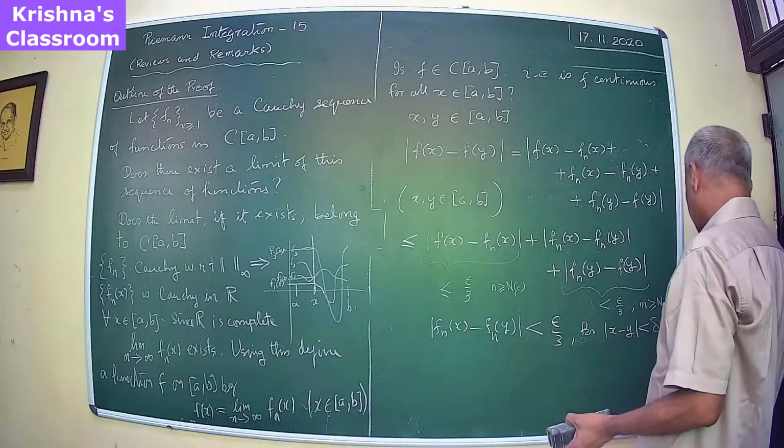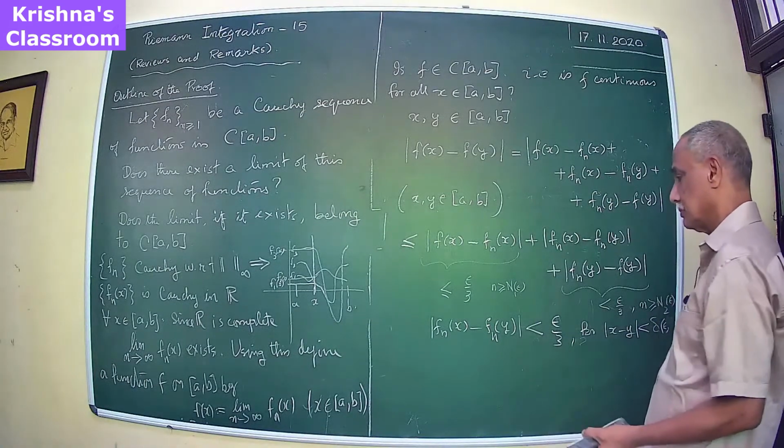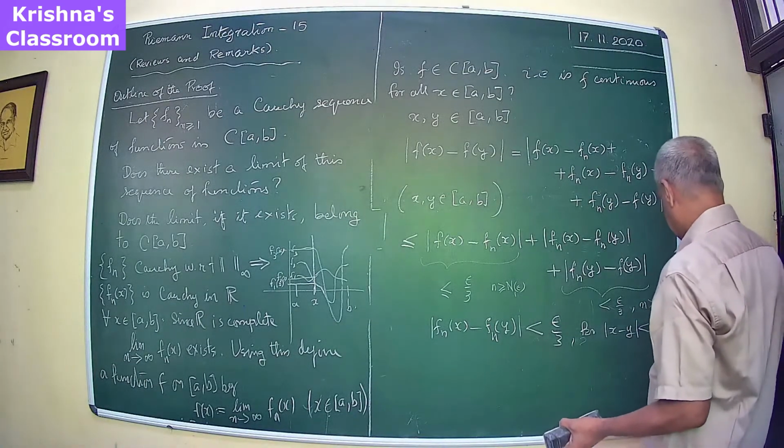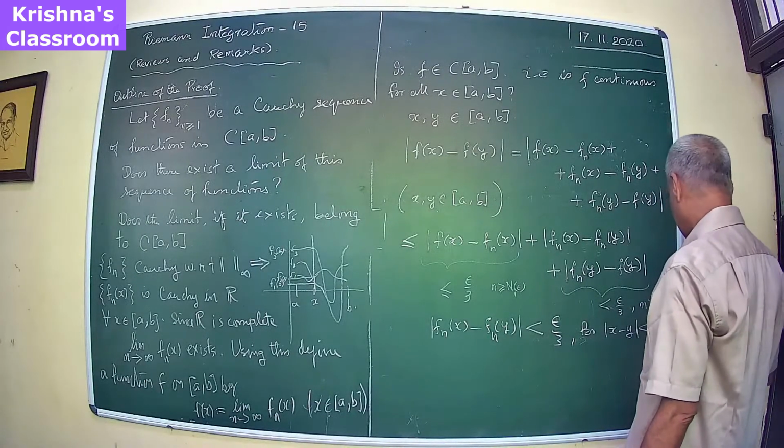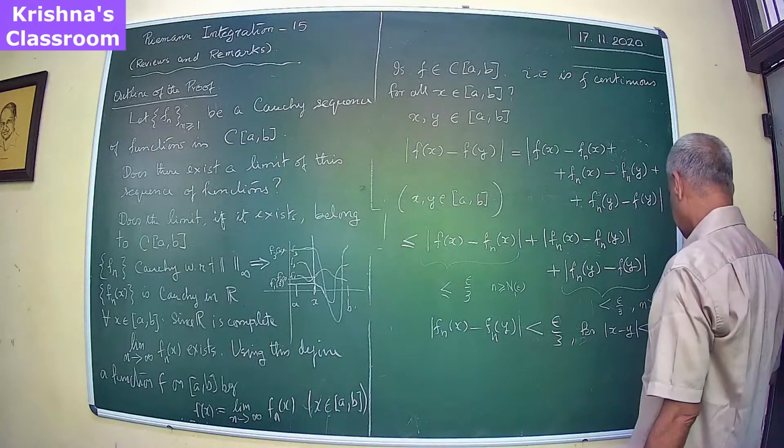Delta depends on epsilon, and yes, depends on n and so on. So you have a delta.